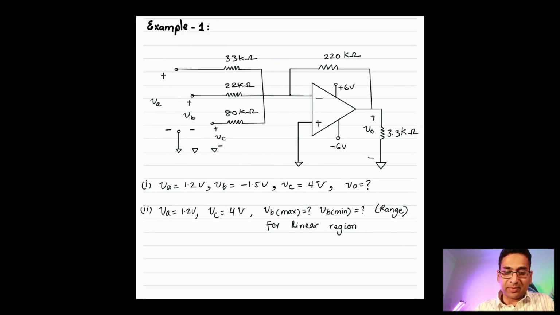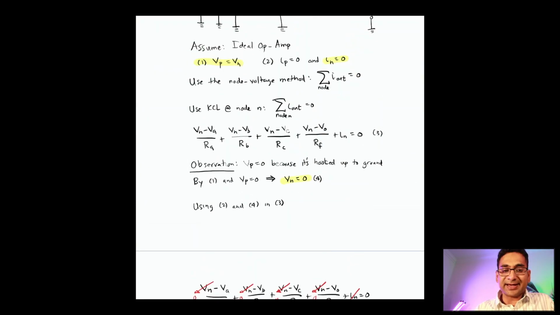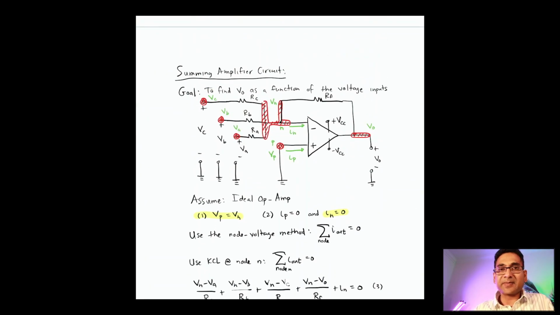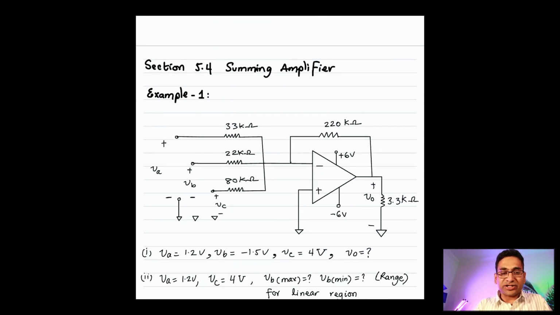If you remember, Professor Aguilar just described the way to analyze a summing amplifier. That is what he described to us, and that's exactly what we have here. Pay attention. We have a negative feedback, that is the output tying back into the input.